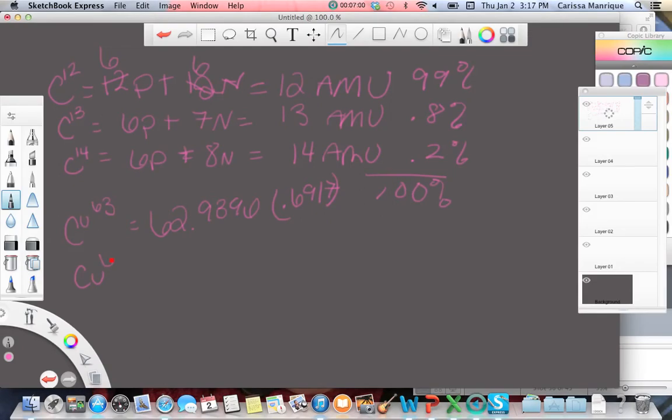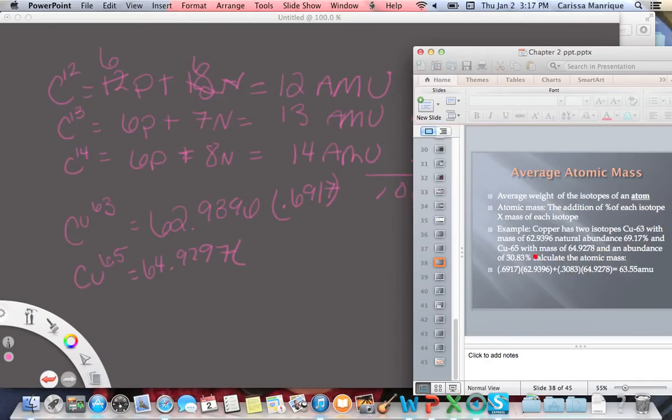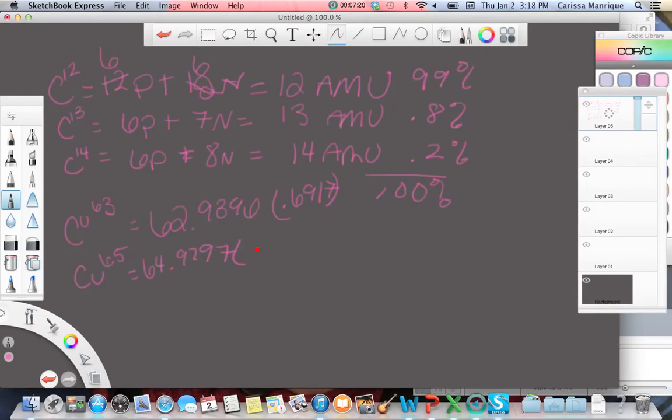That percent is 30.83, so you would write it as 0.3083. Okay, so let's multiply these numbers out, and then we add them.